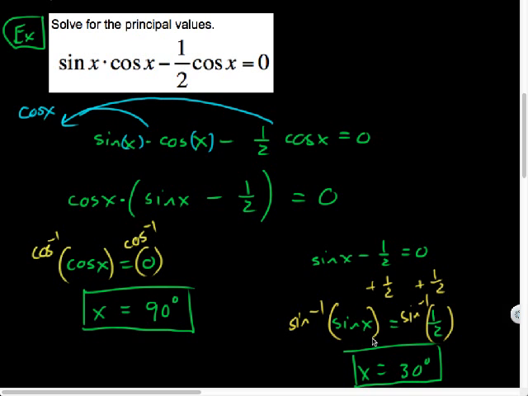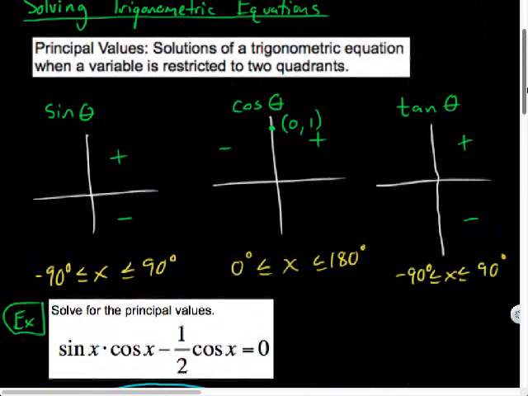Technically, sine is also equal to a half at 150 degrees, because sine's positive in quadrant 2 and the reference angle is 30. However, I've restricted it to just the principal values because quadrant 2 is not in there. So that's why I'm just interested in the 30-degree one.